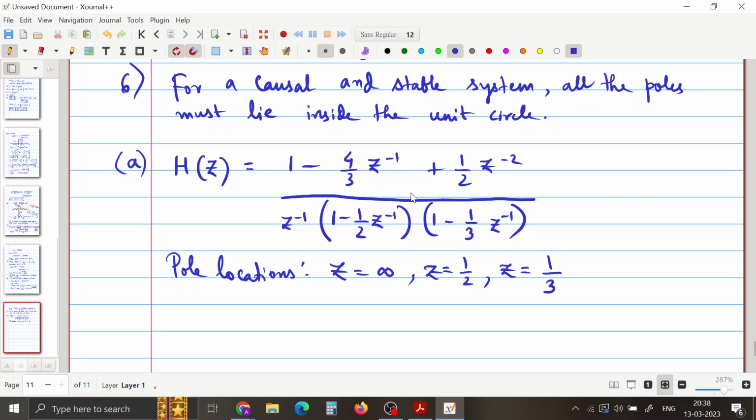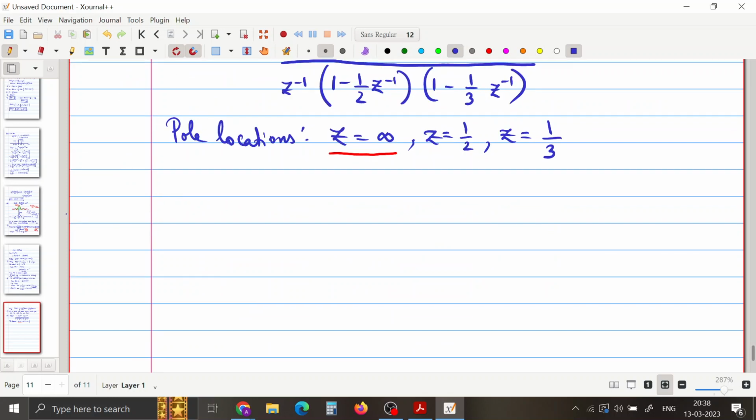This is the culprit. So there is a pole sitting at infinity, which is not inside the unit circle. That forbids the system from being causal.